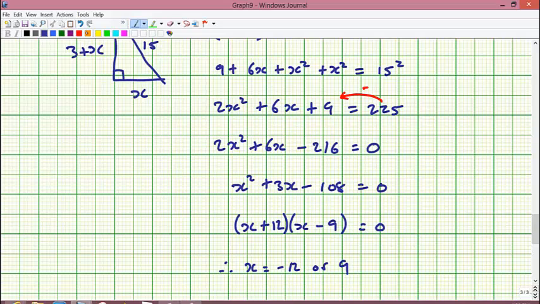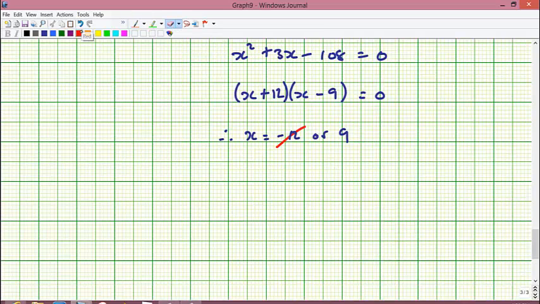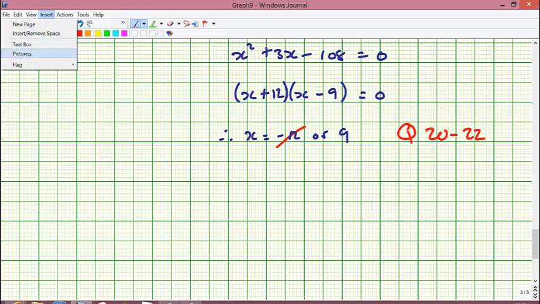Quite clearly, the negative 12 is extraneous, so x equals 9. And in this case, the lengths of our sides would be 3 plus 9, which is 12, 9, and 15. The problems we're going to do now are further down the page, at questions 20 through 22, which I shall include here.